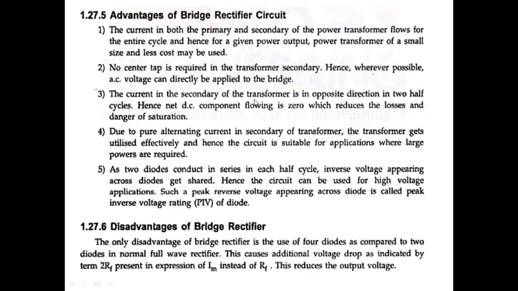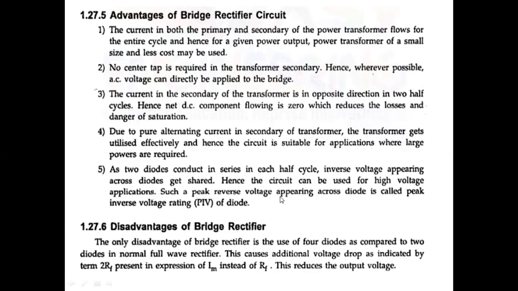The current in the secondary of the transformer is in the opposite direction in the two half cycles. Hence, the net DC component flowing is zero, which reduces the losses and danger of saturation. As two diodes conduct in series in each half cycle, the inverse voltage appearing across the diode gets shared. Hence, the circuit can be used for high voltage applications.